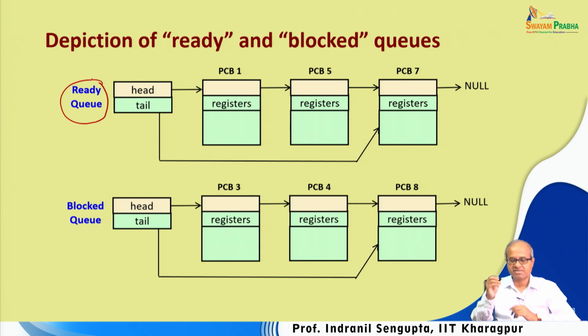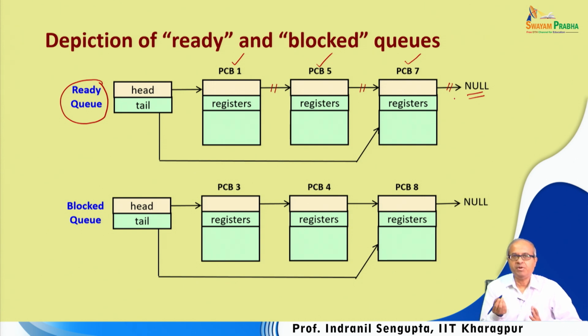Let us take an example that there are 3 processes waiting in the ready state. Let us say process 1, process 5 and process 7. So, the corresponding PCBs are connected like this in a linked list. These are the pointers I said, pointing to the next one, and the last PCB is pointing to null, there is no more.